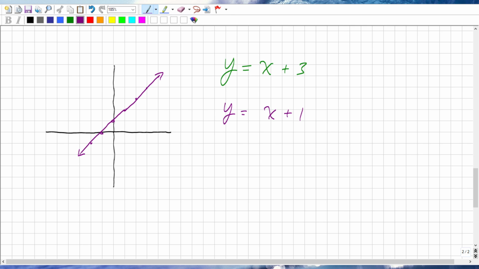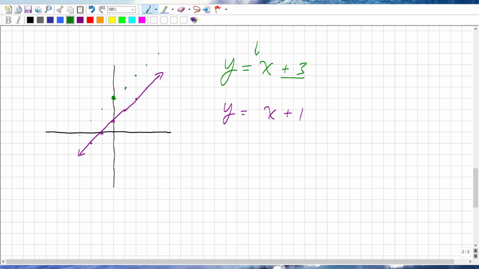It's very royal because it's purple. And this next one is how I'm feeling right now. Just a little green. We start off at 3 because it's x plus 3, so there's our starting point. Our slope is the same, it's still 1. So I go up 1 over 1, up 1 over 1.